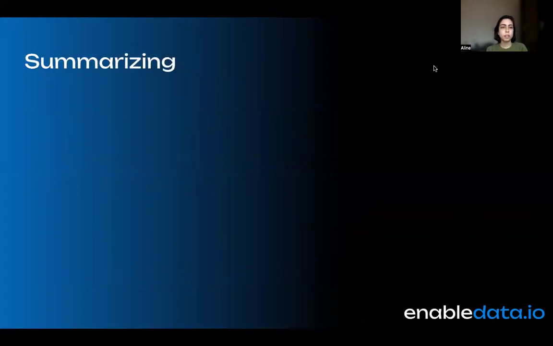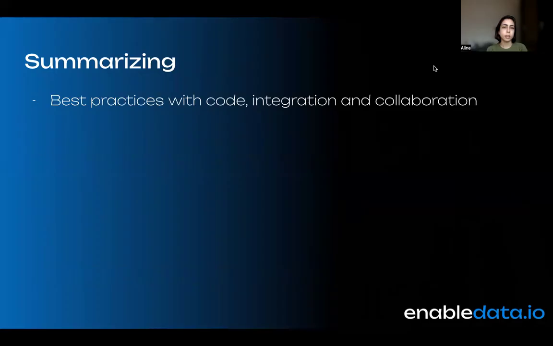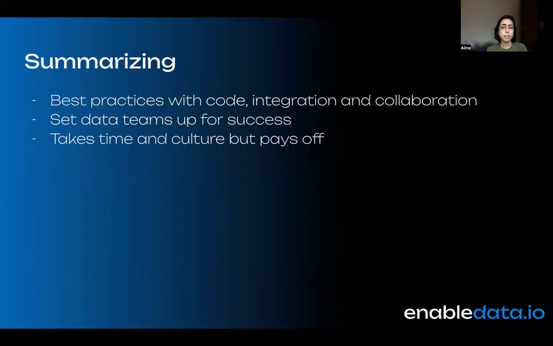So, summarizing, a lot of principles, but basically they are best practices around code, integration, and collaboration. They set data teams up for success. They take time and culture, but it pays off. As I said, many of these things are things that we usually don't prioritize because they are not urgent, but in the long run, they will help a data team provide business value to an organization.